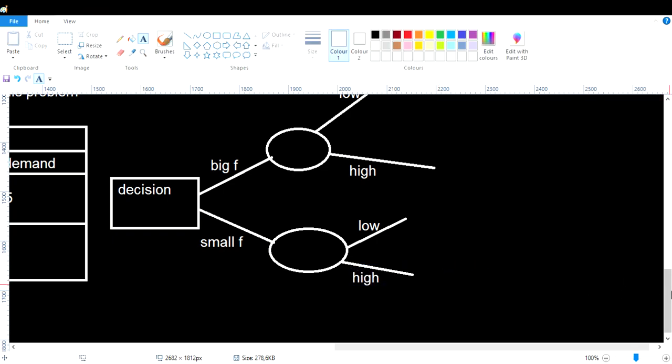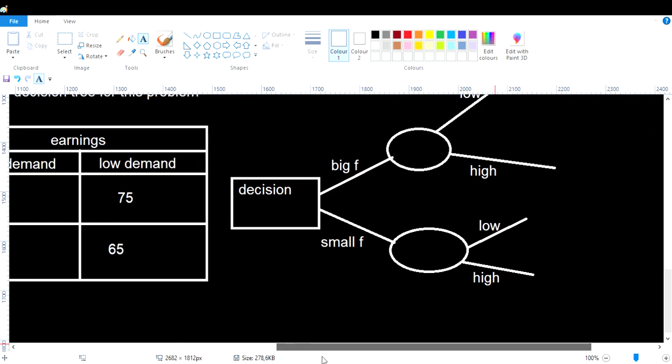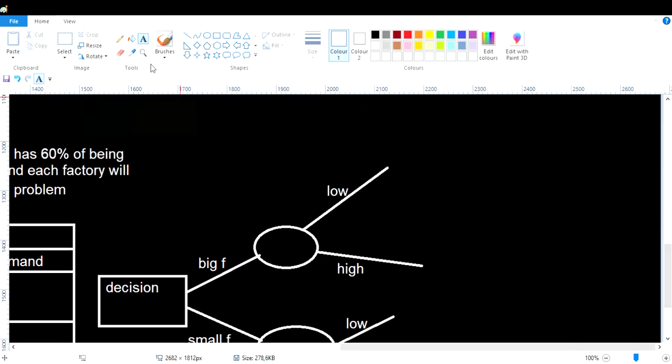And then here we're given values. I'm going to include these values, just give me a minute. This triangle just shows the final stage or the results.